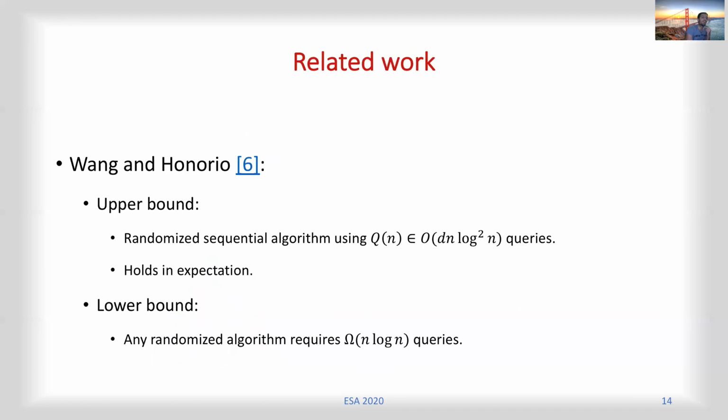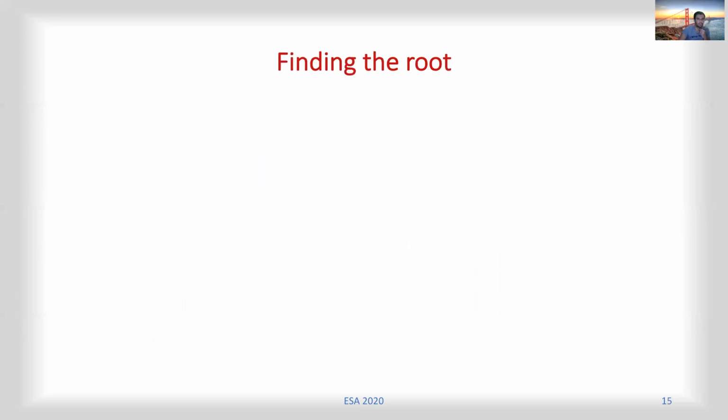So the previous work was by Wang and Honorio. They provided a randomized algorithm, which holds in expectation, and the total number of queries was O of n log squared of n, and they also provided a lower bound saying that any randomized algorithm requires omega of n log of n queries.